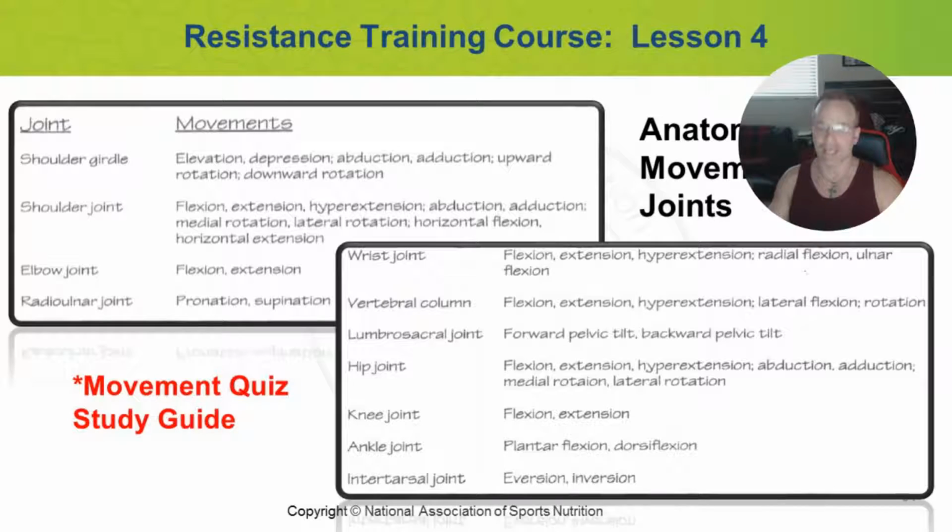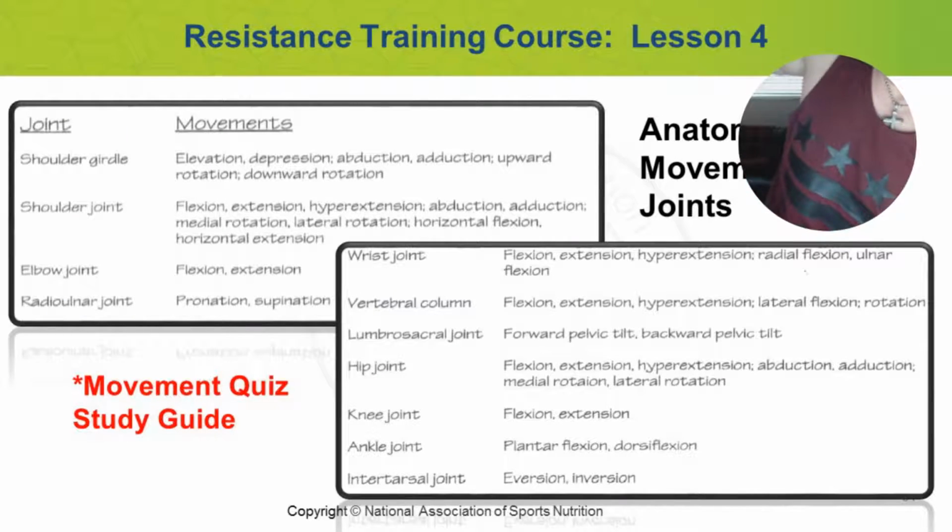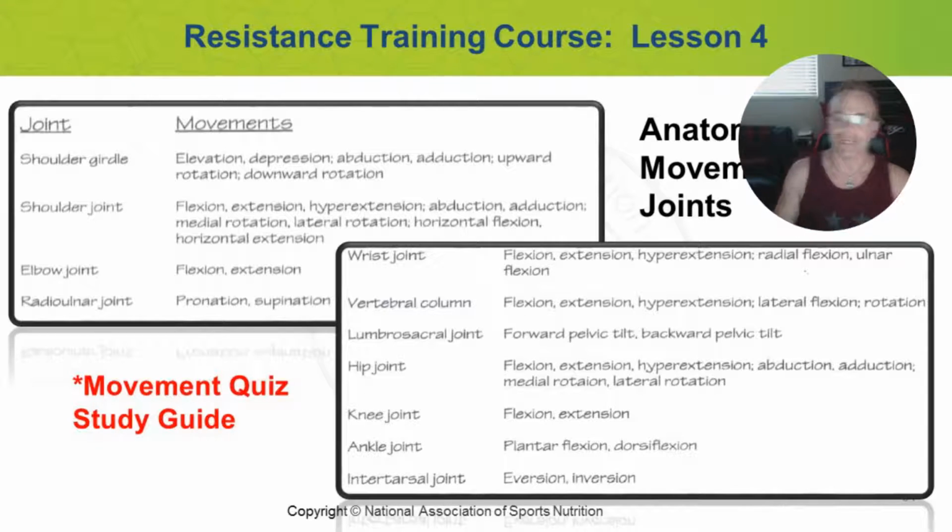It can flex, extend, hyperextend, and then you've got radial and ulnar flexion. So in the anatomical position, let me stand up. It's hard to do with the camera the way it is. Flip this around, right? If your hands are by your side and you're going to go inward towards the body, what is that?